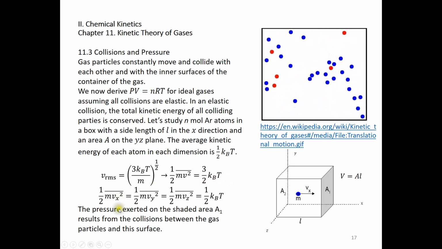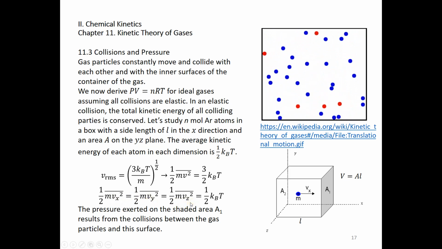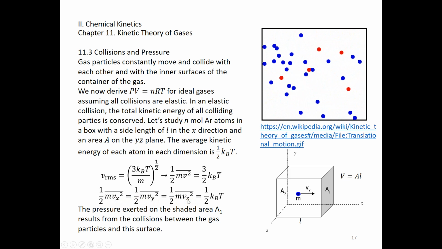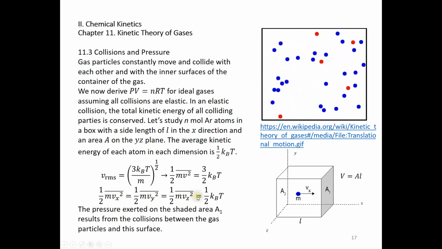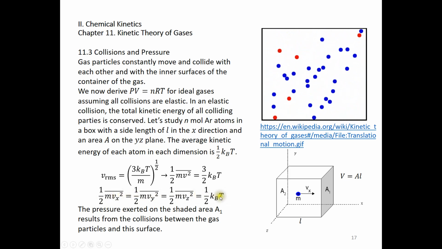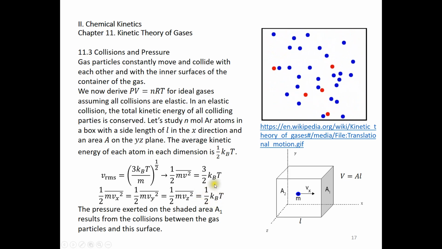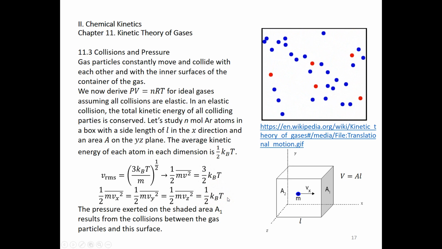Now we're going to assume the x dimension, y dimension, and z dimension have the same distribution of the speed. And then we have this in each dimension. The average kinetic energy is 1/2 kBT. In 3 dimensions, we have 3/2 kBT. In 1 dimension, just 1/2 kBT.